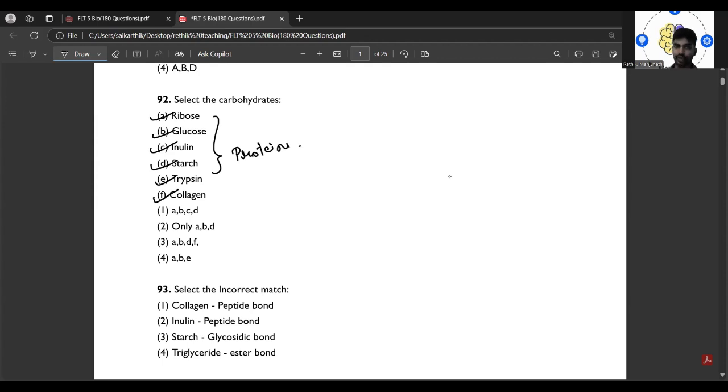Whatever you are seeing with the stripes in these things, they are the proteins. So the ribosomes, glucose, insulin, and the starch, what are they? Carbohydrates. Clear? So option one is correct.